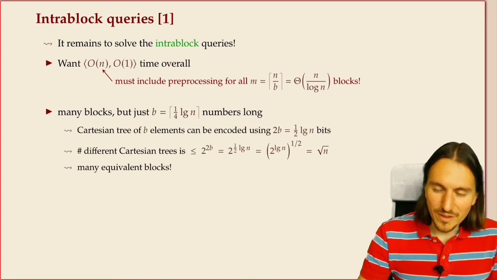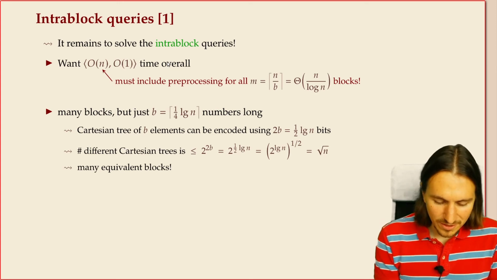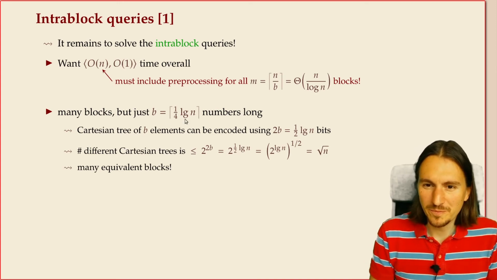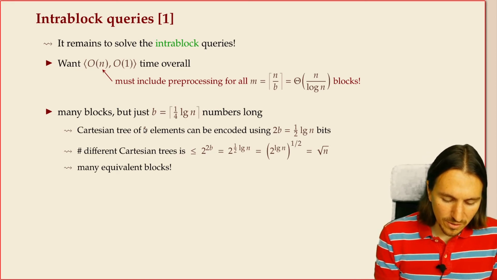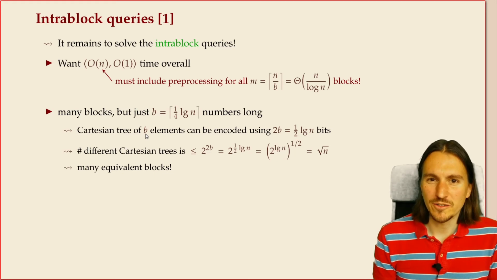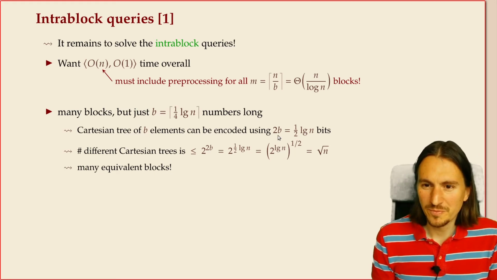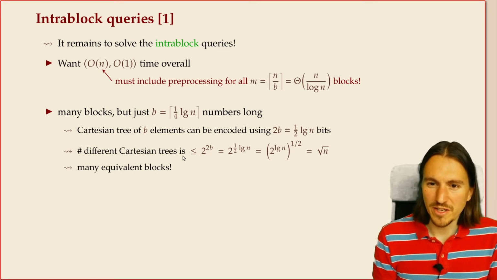And the trick is we don't have to. So we have many, many blocks, but they're all fairly short, just B numbers. We also know that we can encode the Cartesian tree for such a small range using 2B bits. And we've counted that the number of different Cartesian trees is not that big.